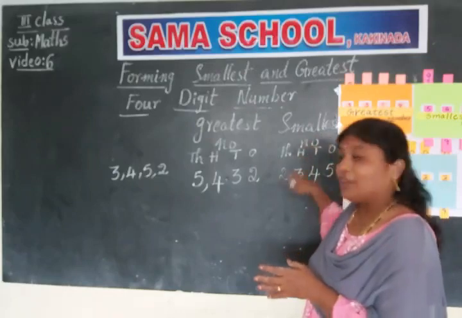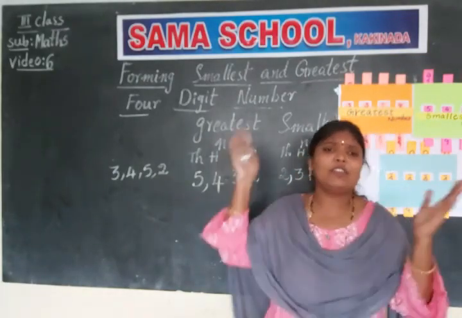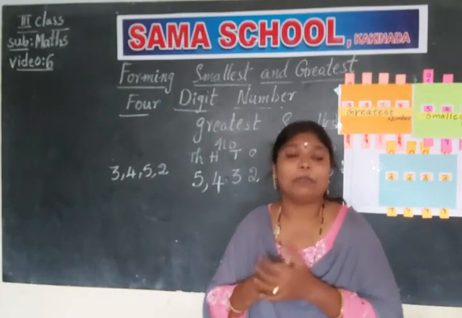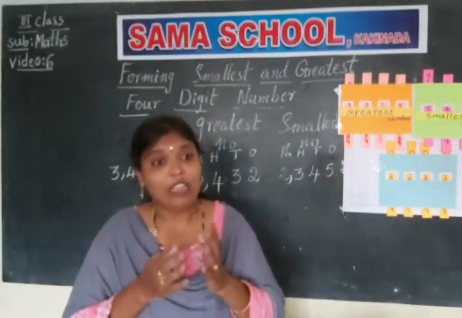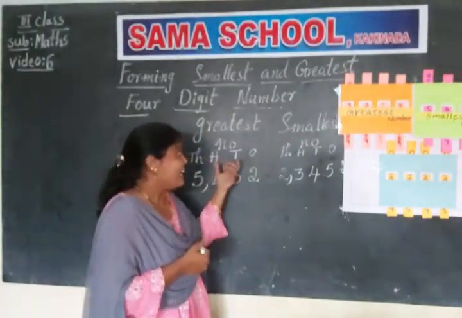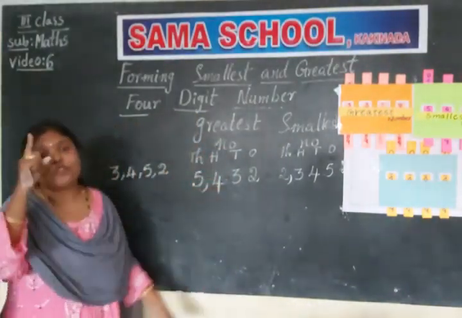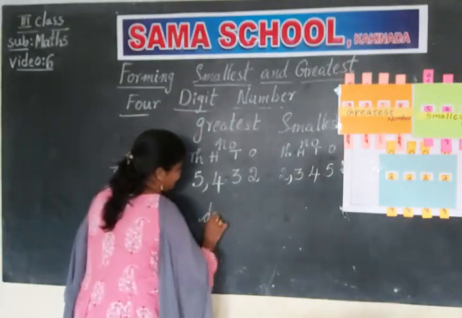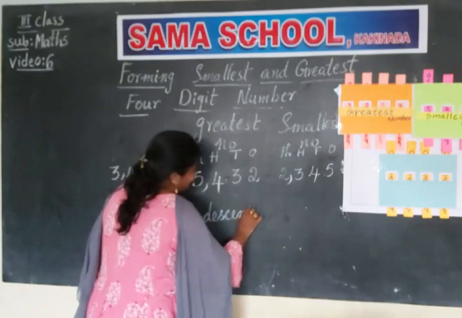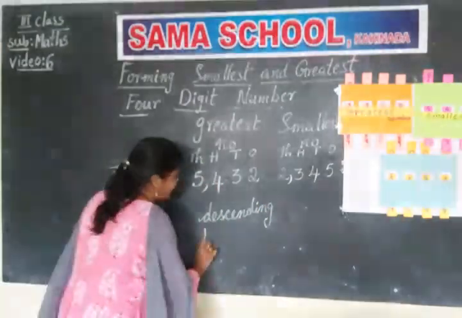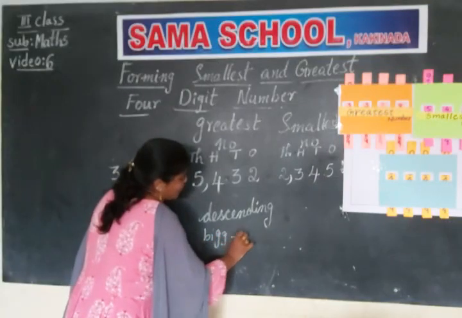Or even if you write the smallest number, the reverse order of it gives the largest number. So every time you need not wait to check which order to use. For writing the greatest number, follow descending order, that is from the biggest number to the smallest.